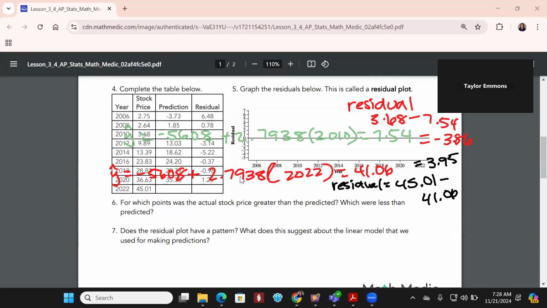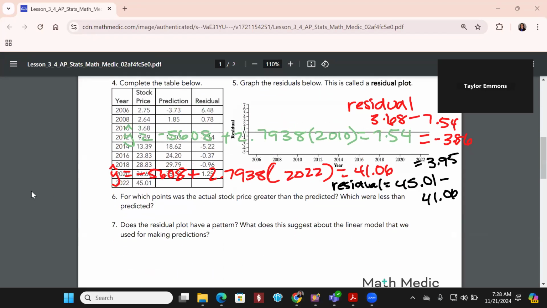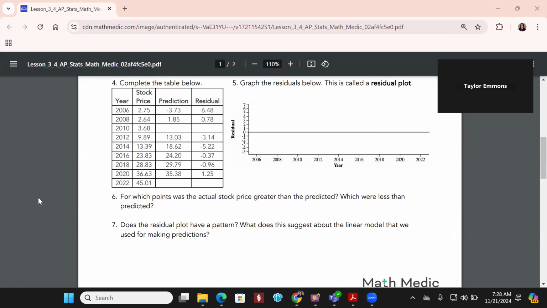You're plugging in 2010 into the equation that was above. Let's go.